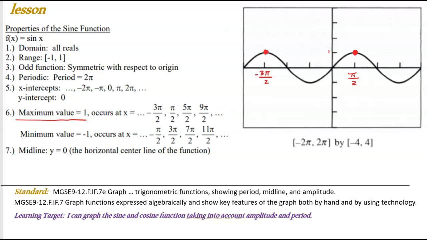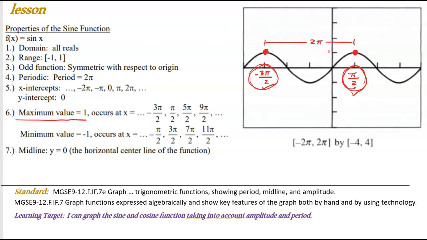It's nice for you to know that from max to max is a full period. That's a distance of 2 pi. So numerically, if you start at pi over 2 and you subtract 2 pi, you'll be at this x value. Or if you take this x value and you add 2 pi, you'll be at this x value.